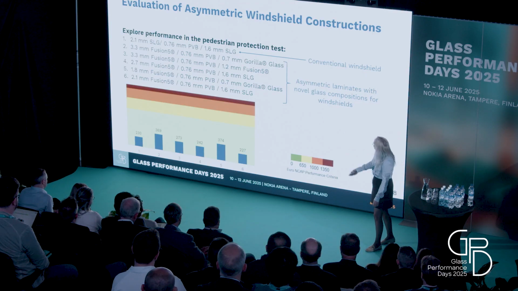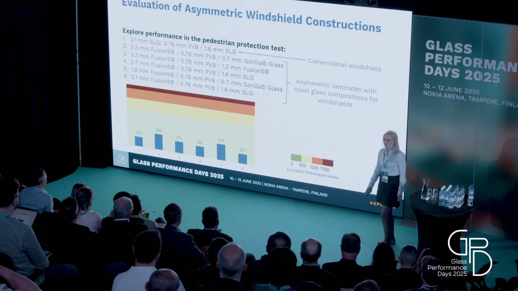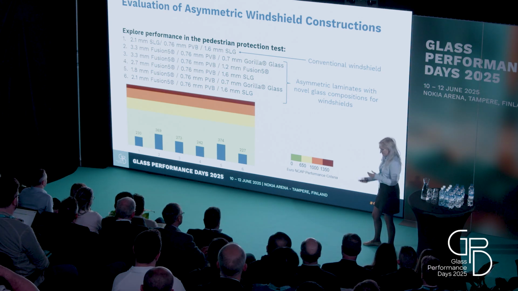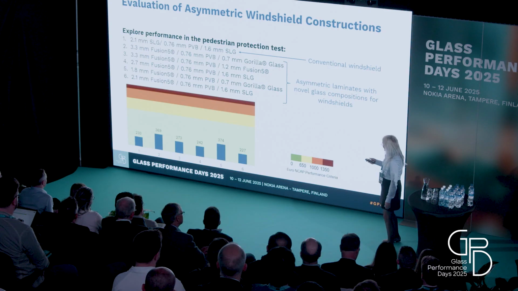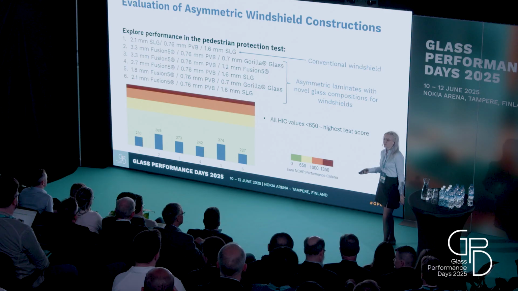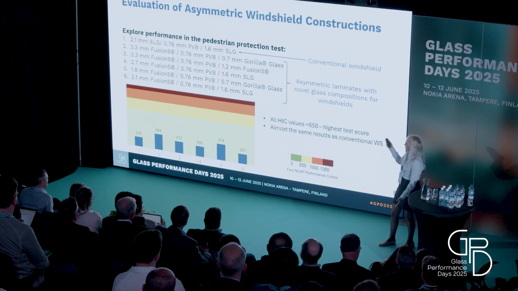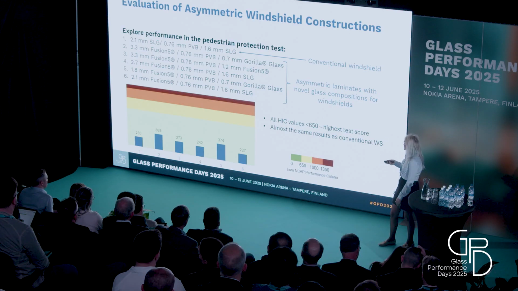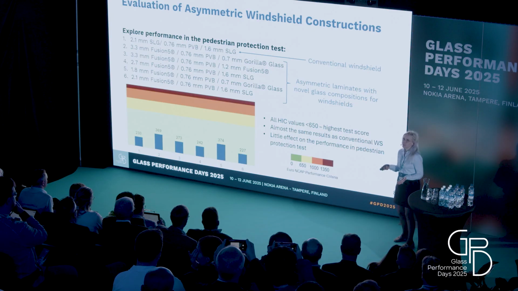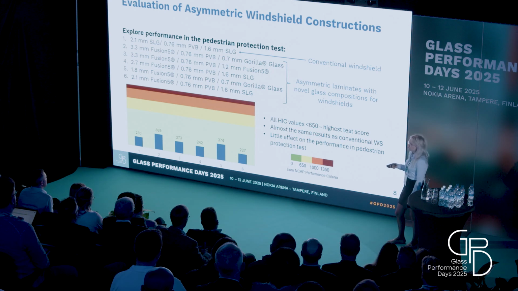You can see that the conventional soda lime windshield has a head injury criterion of 230, and all the considered constructions have pretty similar results, meaning that all the constructions may successfully pass this test with the highest score. The results of novel constructions and asymmetric constructions are similar to conventional windshields, which means there is pretty little effect of the novel constructions on the performance in the pedestrian protection test.